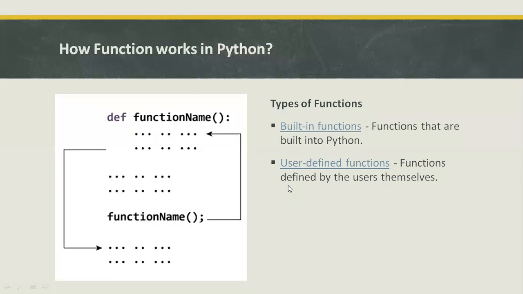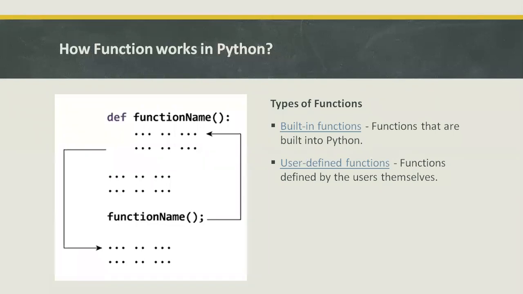So in Python, there are two types of function. First, built-in functions, which are built into Python. You can directly use these ready-made built-in functions in your program whenever required, like sum or average. Similarly, a number of built-in functions are available in Python, so by calling them directly you can use them.